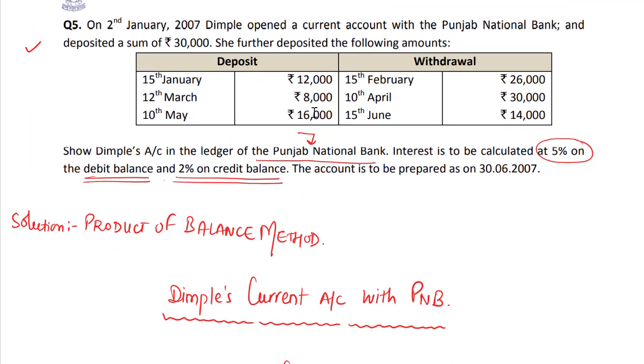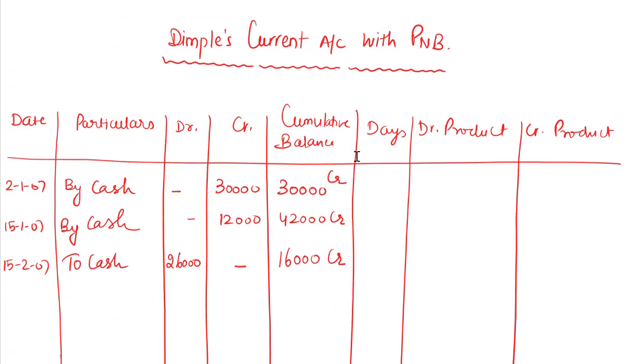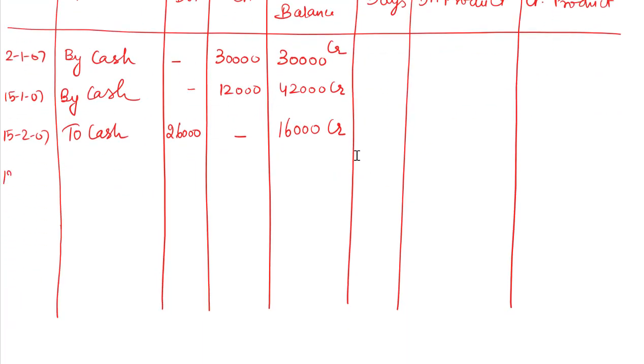Next, 12th March, again deposit of 8,000, by cash, 8,000 credit. 16,000 plus 8,000 is 24,000 credit.